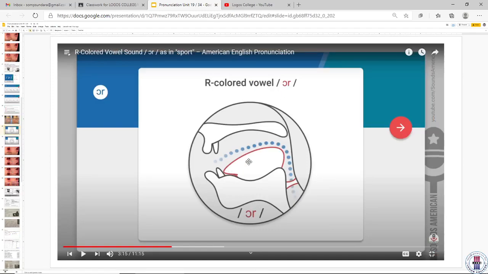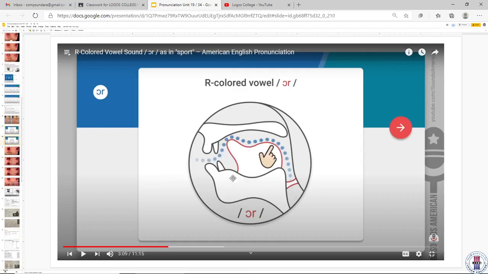Right, your tongue goes back. The tip of your tongue, the front, could touch the back of your bottom teeth. It could. It doesn't have to, but it could. Right? And then in American English, when you add the r, remember the r sound, this is how your tongue looks with the r sound. So when you move from the aw to the r sound, you want that smooth transition. You go or.